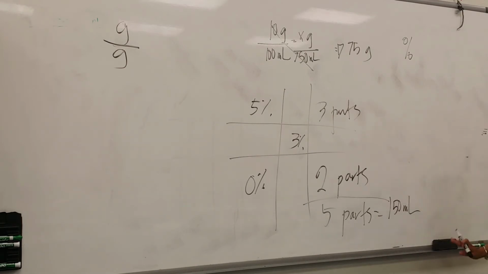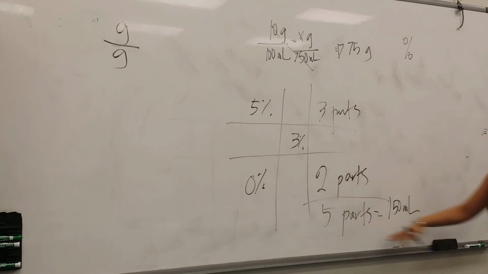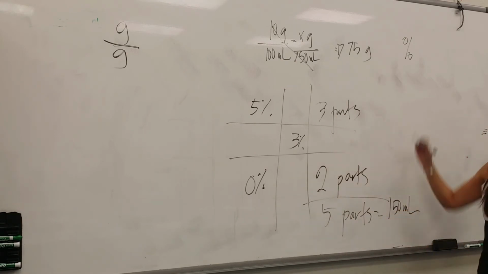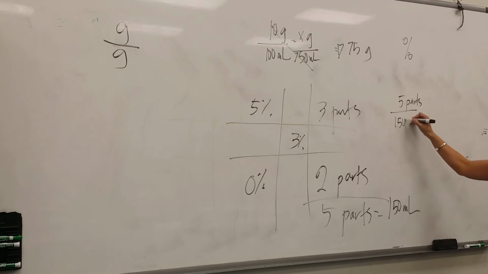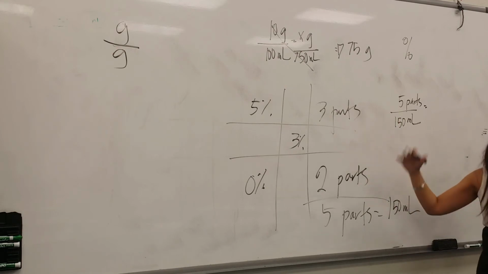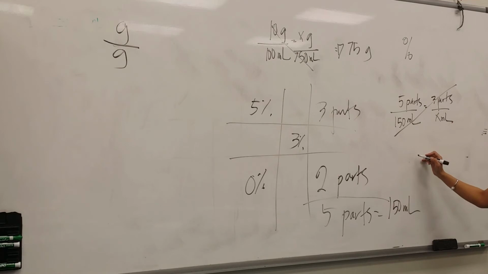This is the second way to do it using alligation, but you have to know that water is 0%. I already got a proportion right here, right? If 5 parts is equivalent to 150 ml, then 3 parts is equivalent to X ml. 150 times 3 divided by 5 is 90 ml.